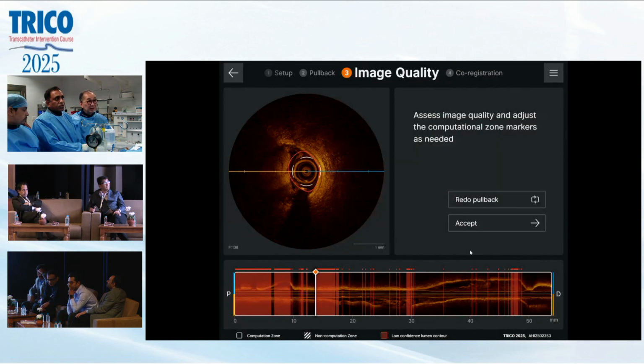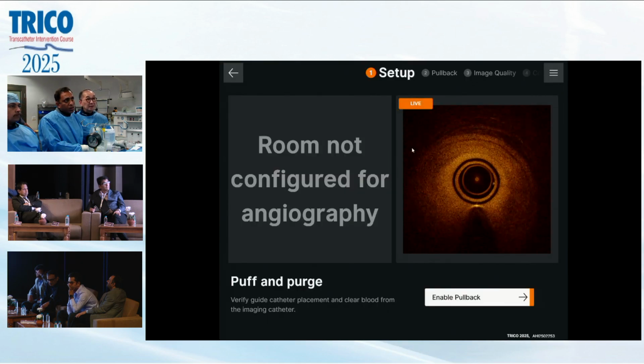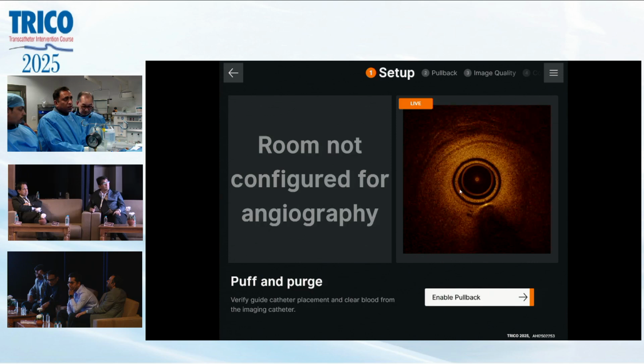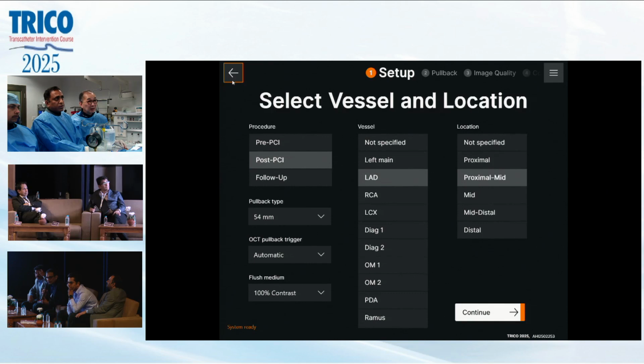This one should not be that difficult. You still okay? See, the catheter is out. Check if the guide is hooked, because you can just purge and see if you're getting clearance. The guide is sitting, yeah. We can inject it.